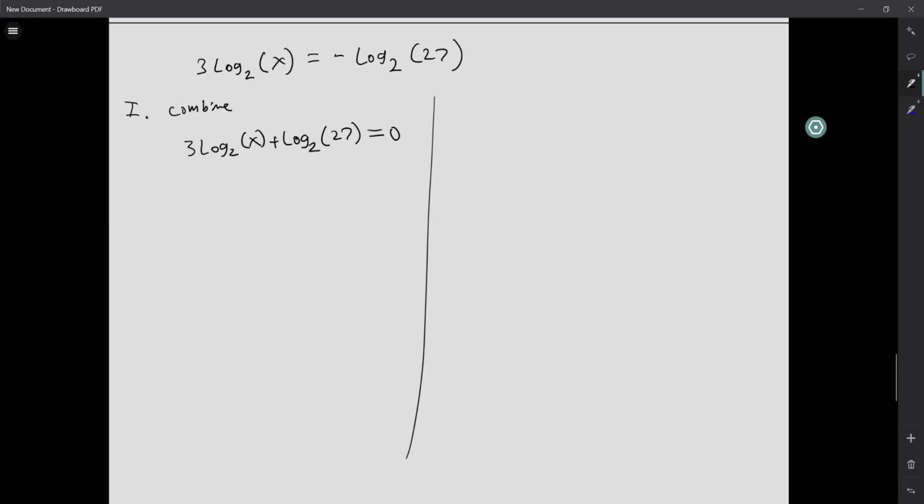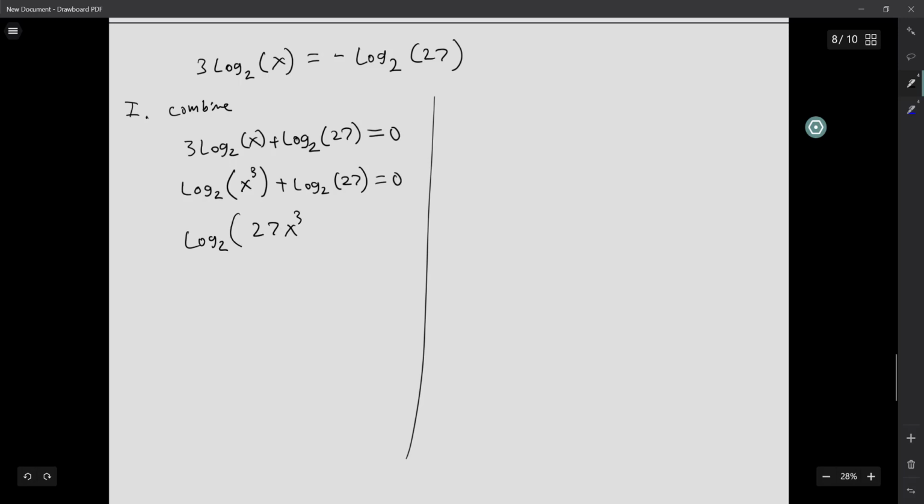So I have to use the log property that turns a coefficient into an exponent. And then I can combine these logs. Addition on the outside is multiplication on the inside. So this is log base 2 of 27x cubed equals 0.